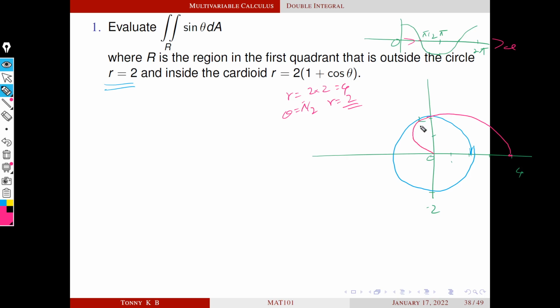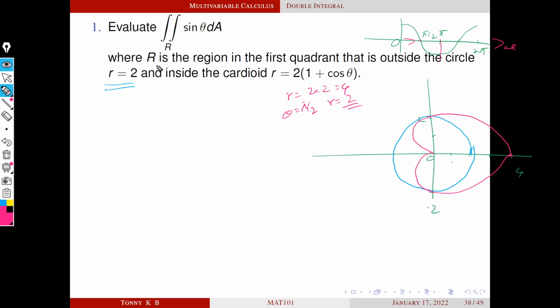Then after pi, again, when theta is greater than pi, cos theta is increasing up to 2 pi. So the same shape, it goes like this, touching this point, and the radius is 4 when theta equal to 2 pi, since cos theta equal to 1. Almost this is the shape of the cardioid.